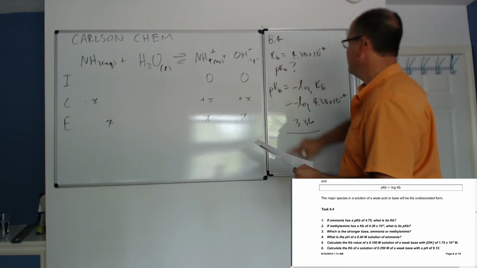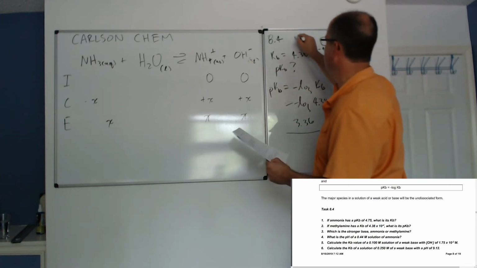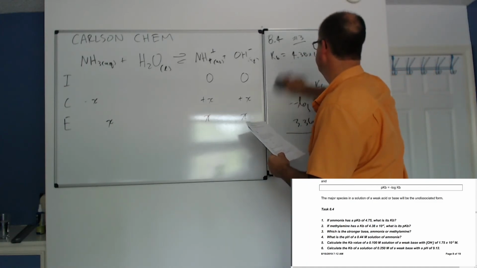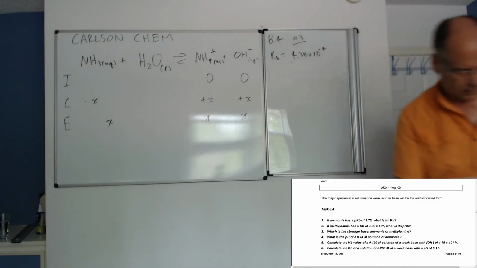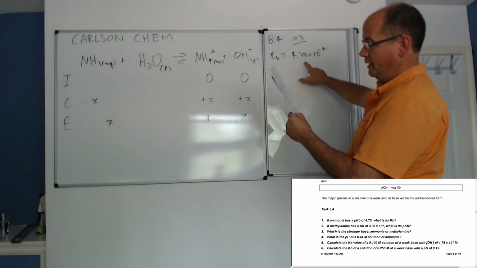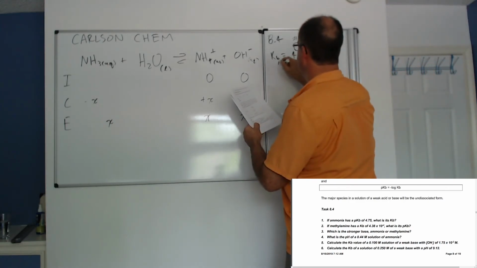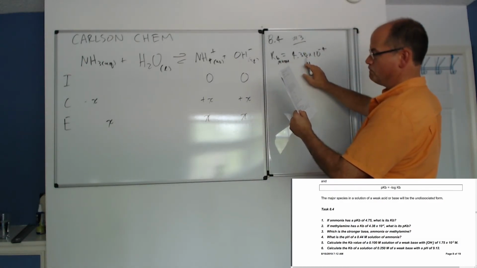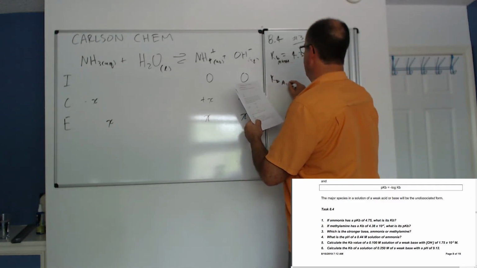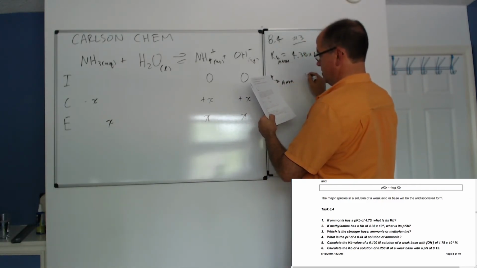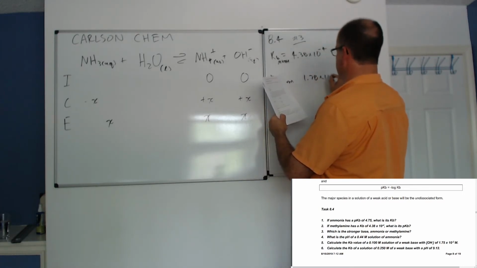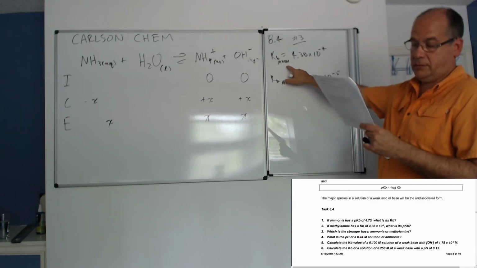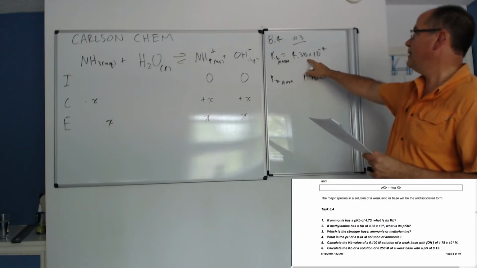So which is stronger? Again, this is number 3 now. The Kb of methylamine is 4.38 times 10 to the minus 4.